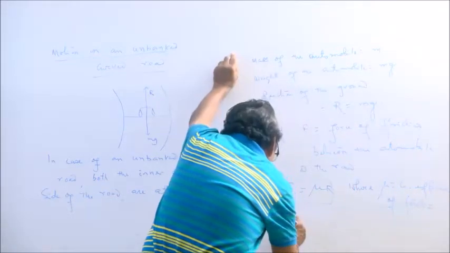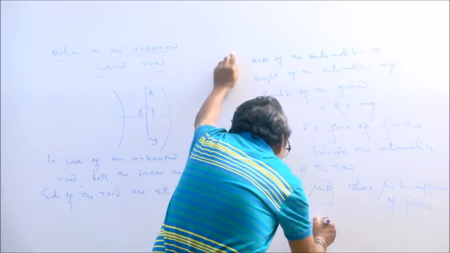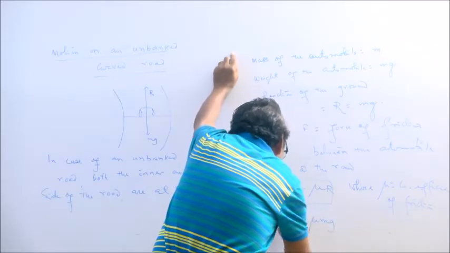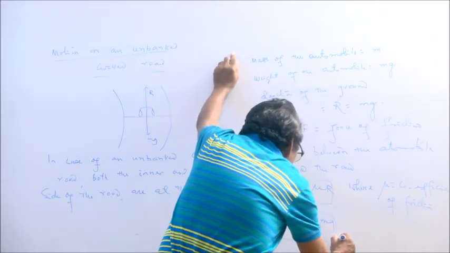So, what is the force of friction? The force of friction is mu mg.